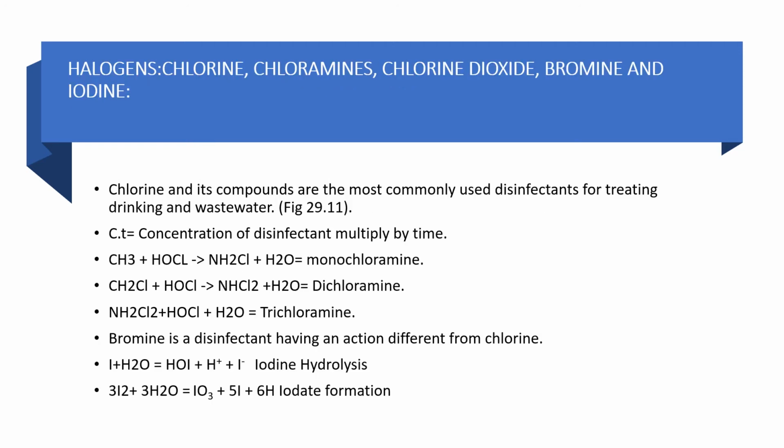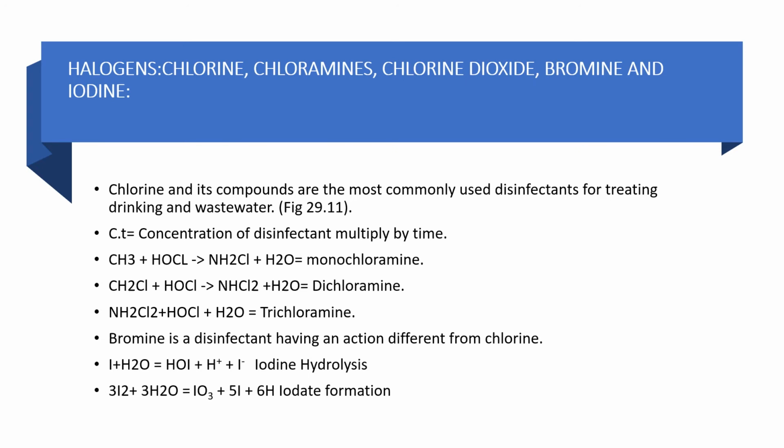Halogens: chlorine, chloramine, chlorine dioxide, bromine, and iodine. Chlorine and its compounds are the most widely used disinfectants for the treatment of drinking water and wastewater. Chlorine is a strong oxidizing product. Inorganic chloramine is produced by a combination of chlorine and ammonia for drinking water disinfection.